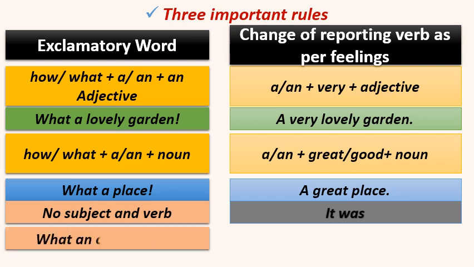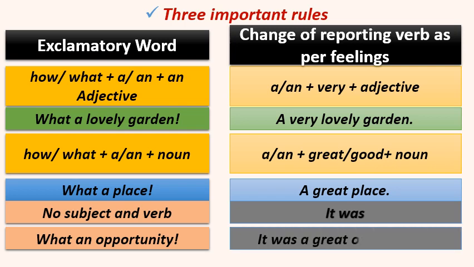For example, what an opportunity! Exclamation sign. So the sentence will be it was a great opportunity. Keep one thing in your mind, you have to remove the exclamation sign, and when you convert it into indirect speech, you have to put a full stop or period at the end of the sentence.